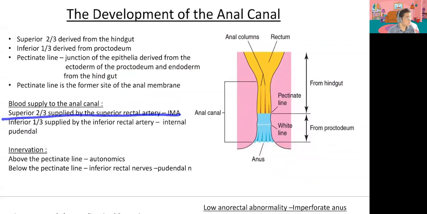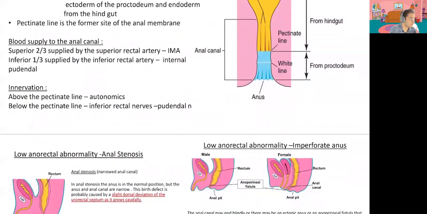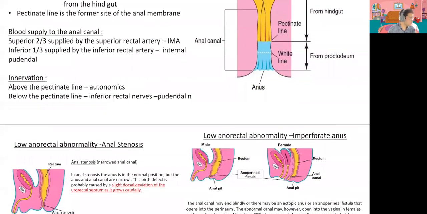Blood supply, they like to ask this question in terms of the superior rectal arteries, right? That comes from the IMA, versus the inferior component from the internal pudendal artery, right? And the internal pudendal artery, guess what? It goes into the pudendal canal. Who would have thought? I love when anatomists keep it straight. Innervation: above the pectinate line, autonomics; anything below, it's going to be the inferior rectal nerve.